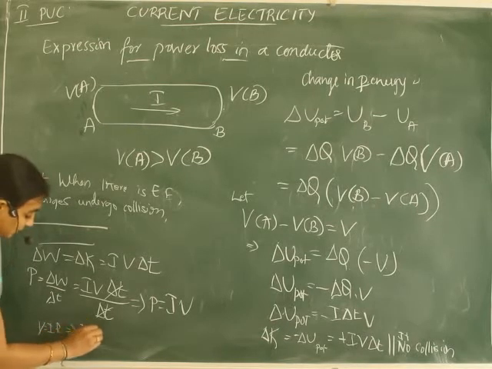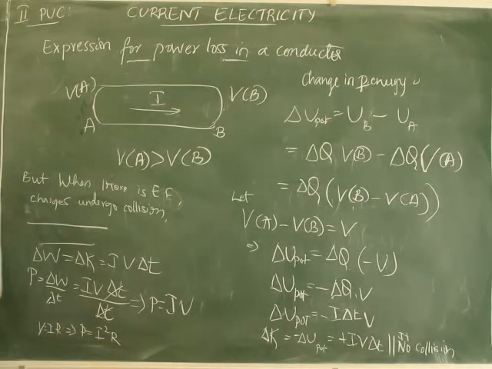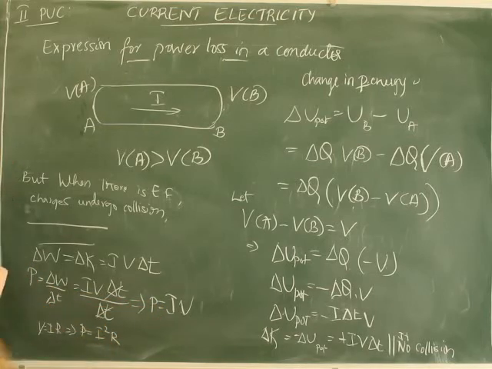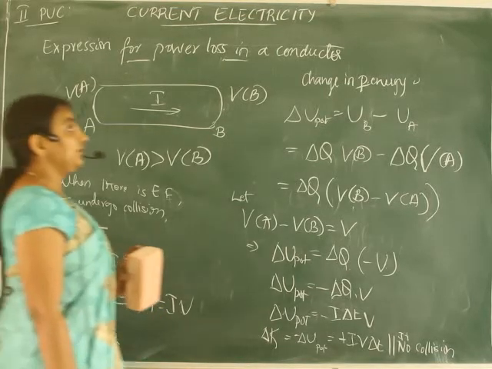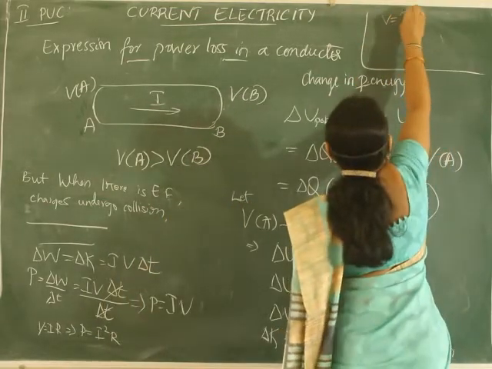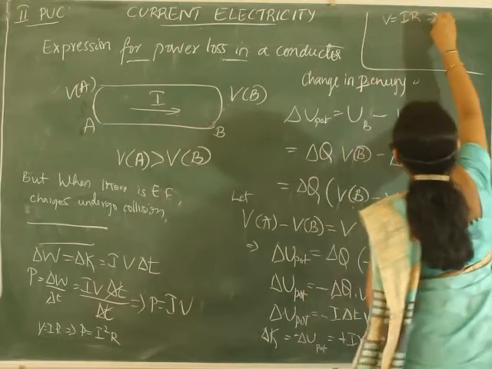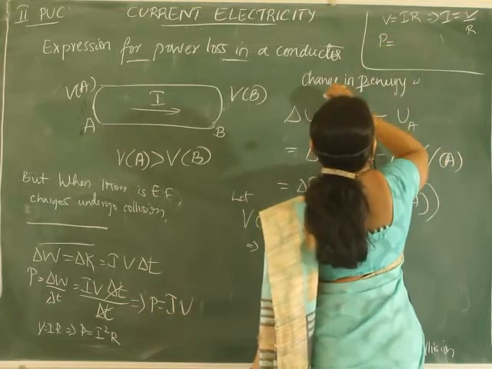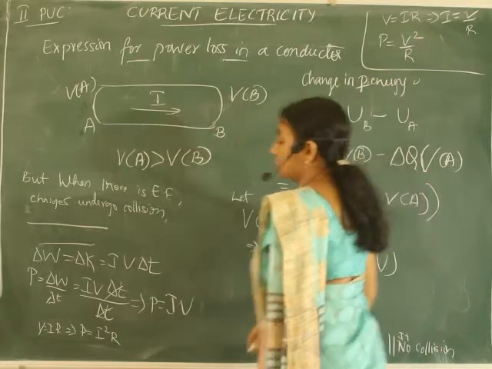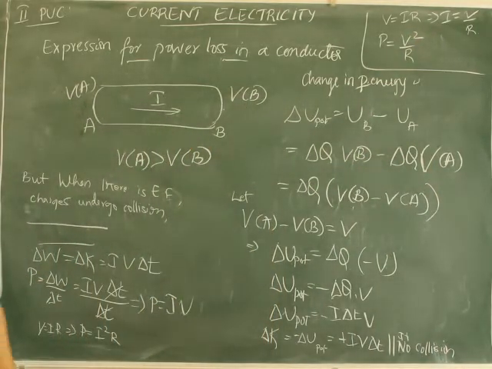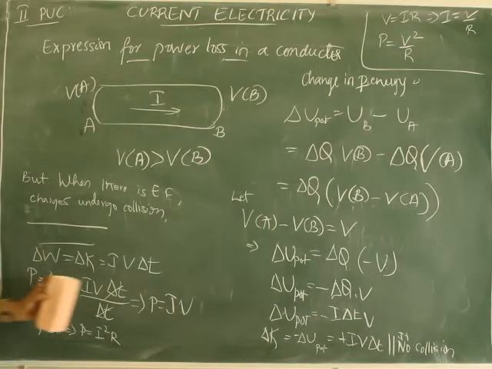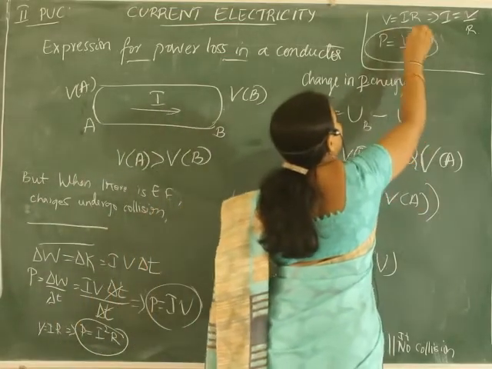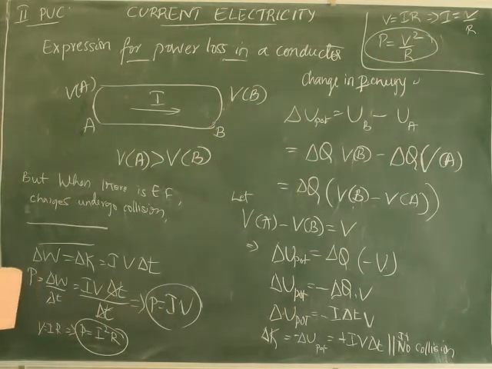This implies P is equal to I square R. In the place of V, I can write IR, then we get I square R. Or else, I is equal to V by R. If you substitute that in this formula, we get P is equal to V square by R. So for power dissipated, we have three formulas: P is equal to VI, P is equal to I square R, or P is equal to V square by R. Understood how to get this?